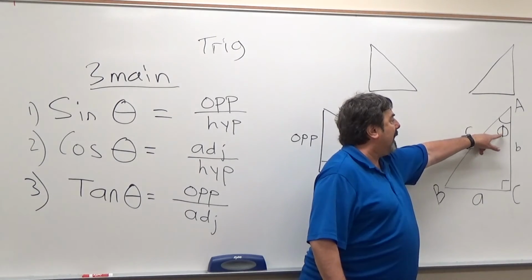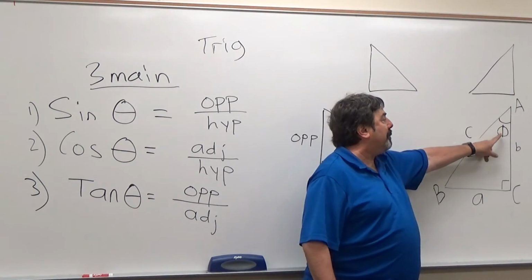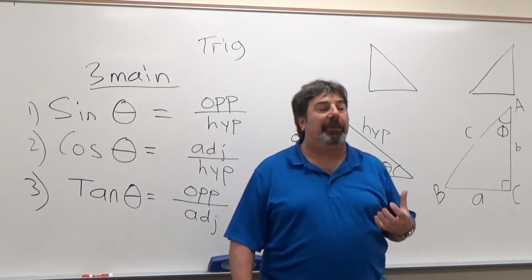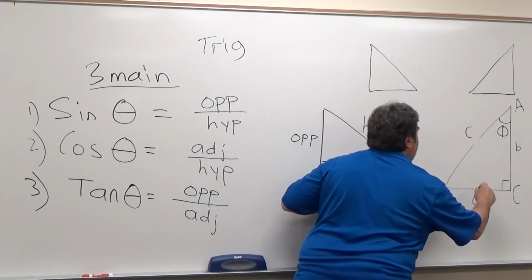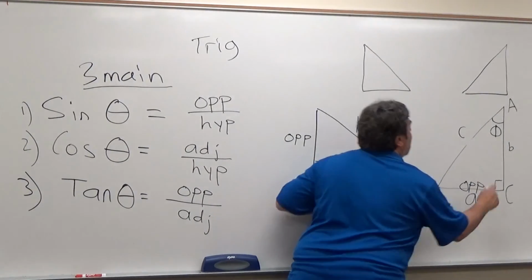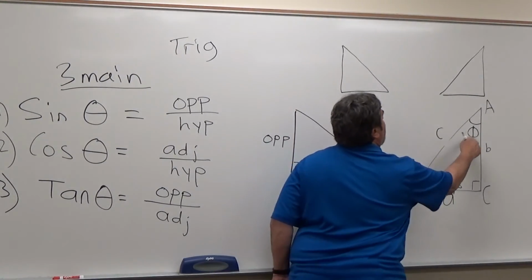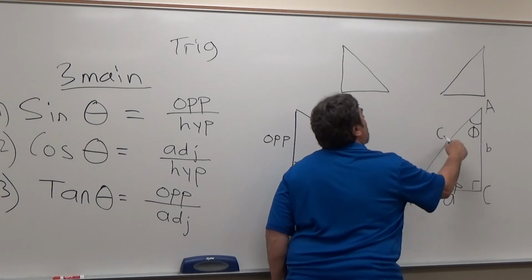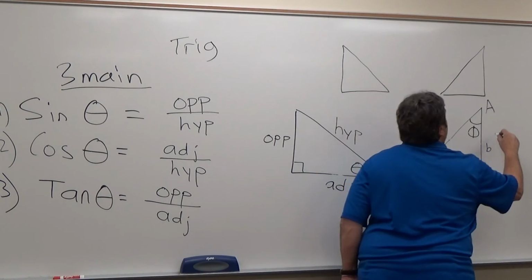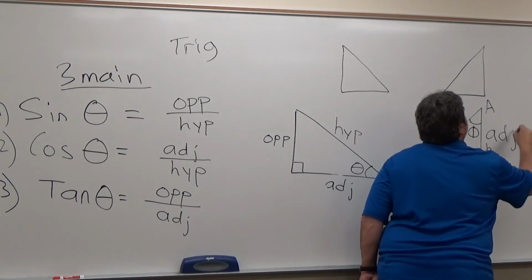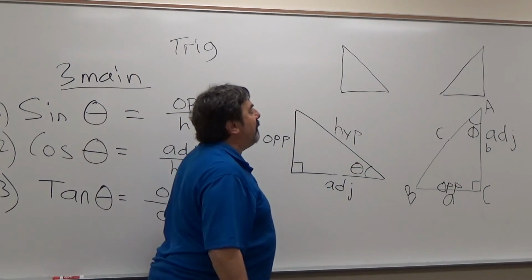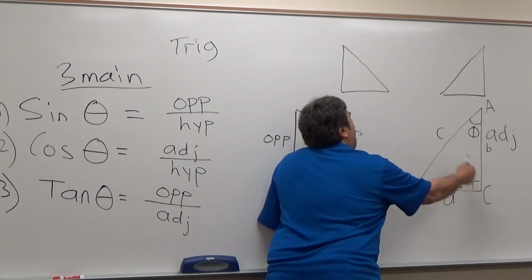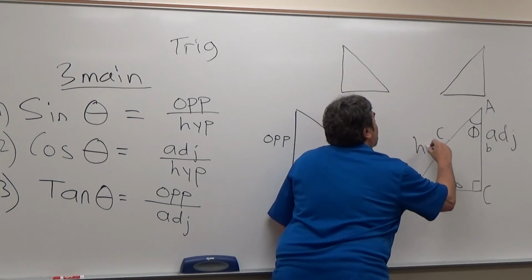What letter side is directly opposite this angle? Lowercase a. So then we label this side opposite. You follow? Yes. And then the side next to this angle that's not the hypotenuse, which side would that be? Lowercase b. Very good. We'll label that ADJ, which is adjacent. And then finally, the side directly opposite our right angle has to be the hypotenuse.